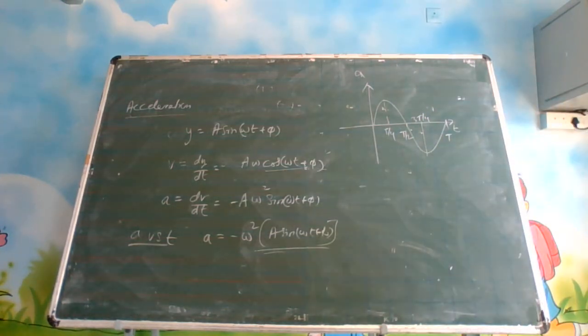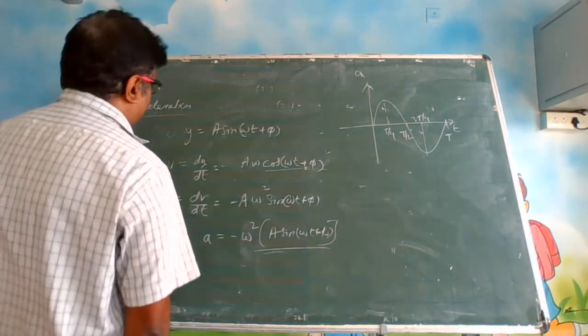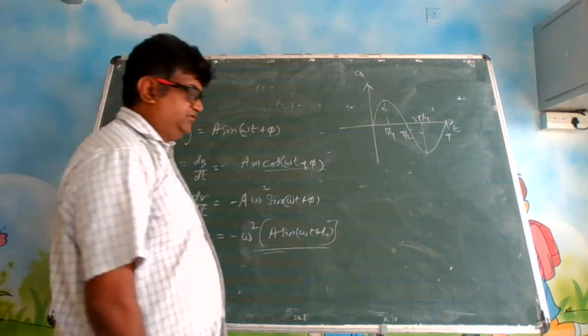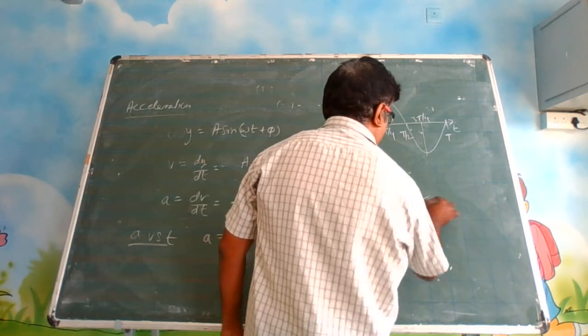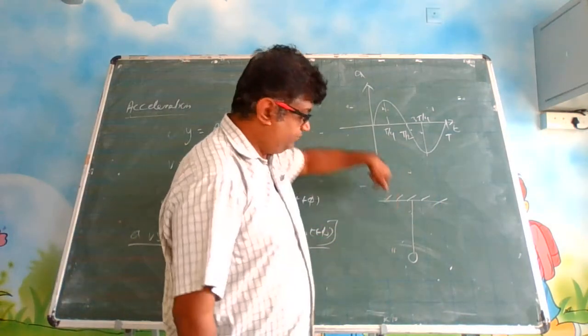Okay, now here, what is happening, if you observe in the case of velocity, let us understand this with the pendulum bob. A pendulum bob is there which is oscillating to and fro.